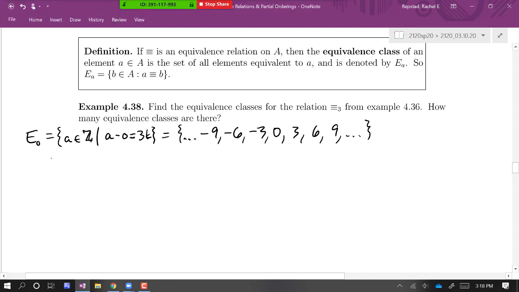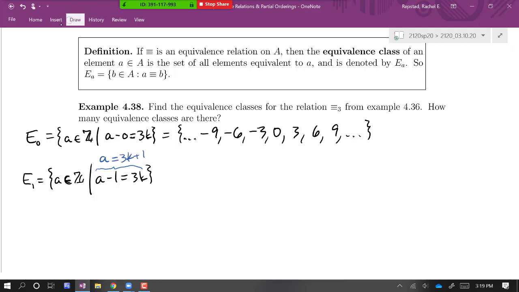So let's see what's related to 1. These are going to be every integer a such that a minus 1 is a multiple of 3. Now I'm going to rewrite this, do a little algebra. I can get a by itself: a is equal to 3k plus 1.